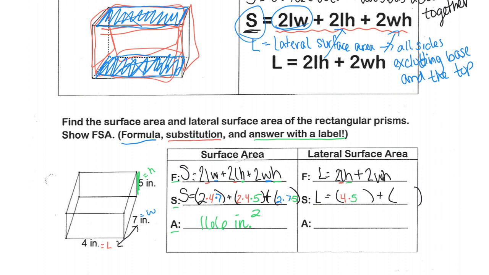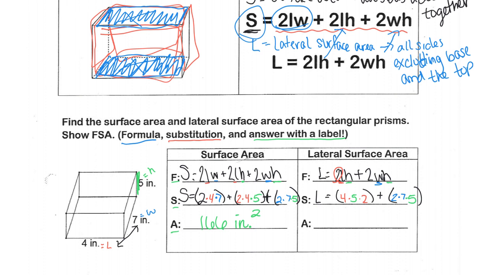And then don't forget about that 2 in the front, times 2. We can't forget about that 2. And then the next one is width times height, so we do 2 times the width, which is 7, times the height, which is 5.